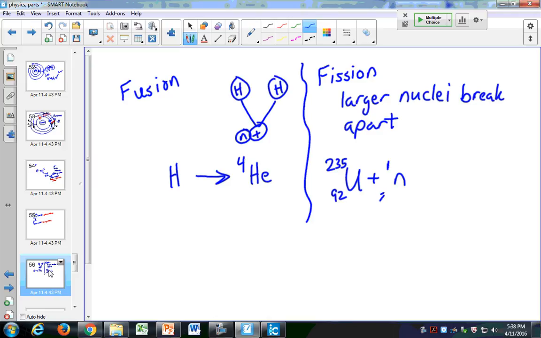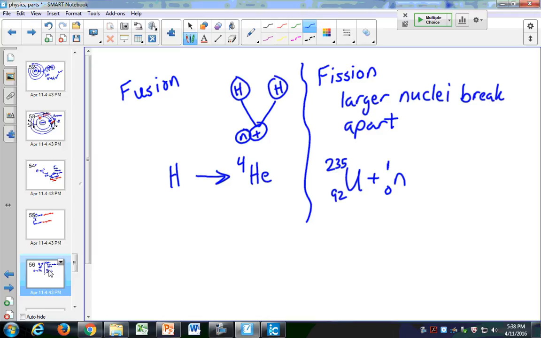The number right here for my isotopic notation. It's not going to be 1. Remember, 1 is the number of protons and neutrons. I have 1 neutron, but down here, this is the number of what? Protons. And how many protons are in this neutron? 0, right. So when I write the notation for a neutron, I'm going to have 1, 0 for my neutron.